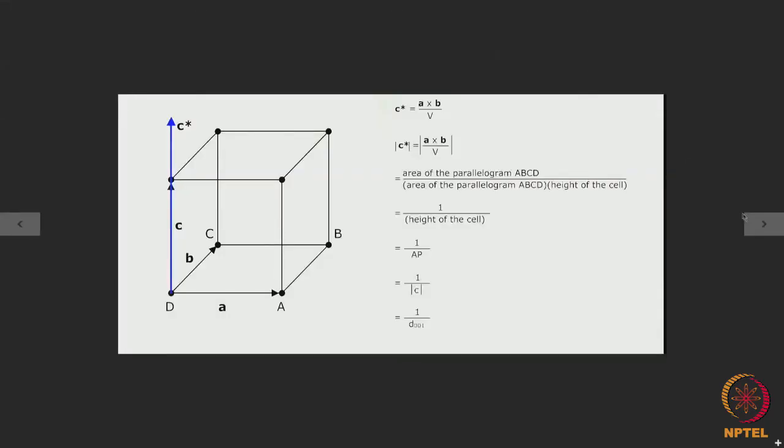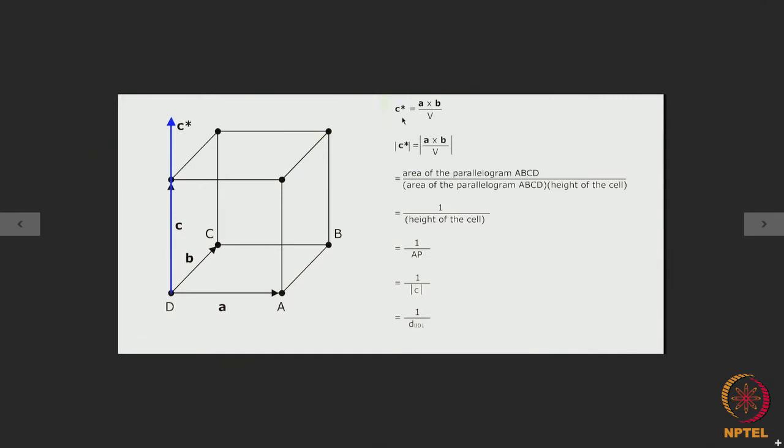Let us suppose that this is a unit cell in the real lattice. This is the A vector, B vector and C vector. So, A, B and C define the unit cell in the real lattice.